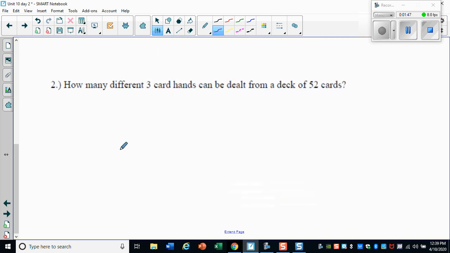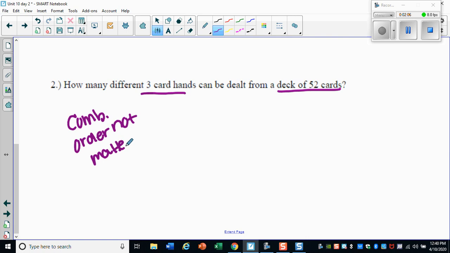Okay, so take a look at the second one. Second one says, how many different 3-card hands can be dealt from a deck of 52 cards? Once again, so 3 cards in my hand, order is not important. Just the 3 cards I have in my hand are important. So we're going to use combinations here because order does not matter. Okay, so I have a total of n is equal to 52 cards. I have r is equal to 3 because I physically want 3 of them in my hand.